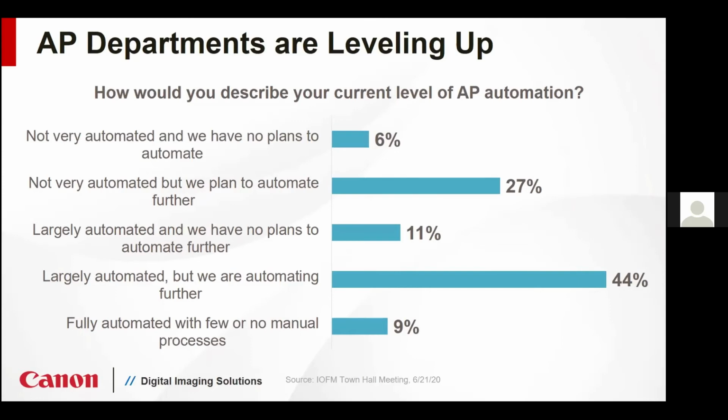First of all, 6% are not very automated and are not considering additional automation. 11% consider themselves to be mostly automated and not considering any additional automation. And 9% of respondents consider themselves to be fully automated with few or no manual processes. And last but not least, the other 71% are all considering further automation.